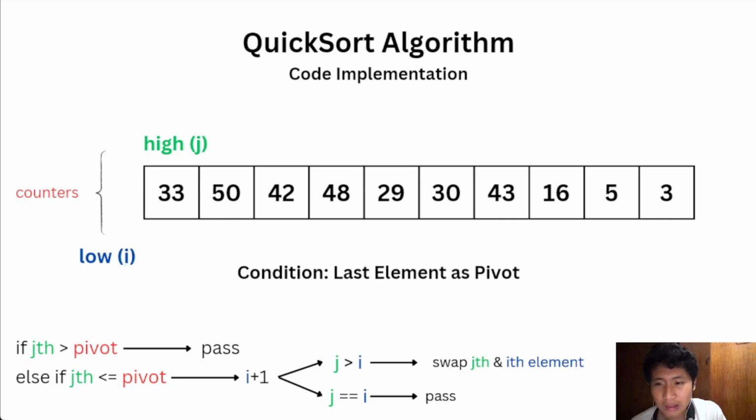So looking at these counters, we can see that I is placed before index 0. Here, outside, take note, I is placed before index 0, and J is placed at index 0. This is J and this is I. So, looking at the condition, the first condition is to make the final index our pivot, which is 3, here.